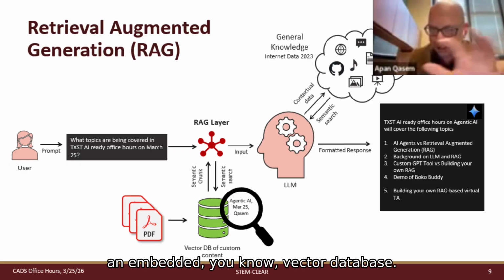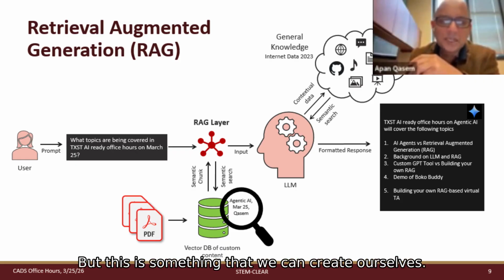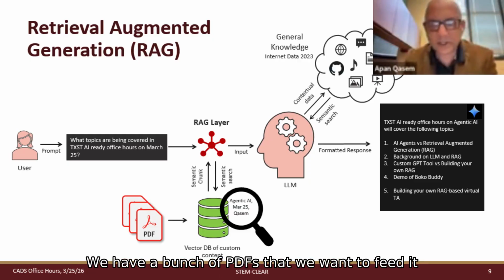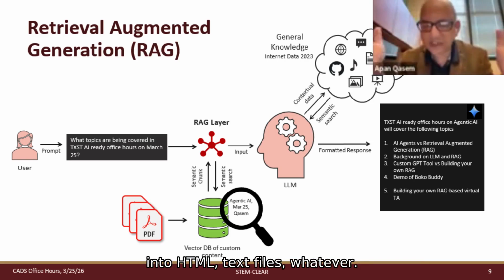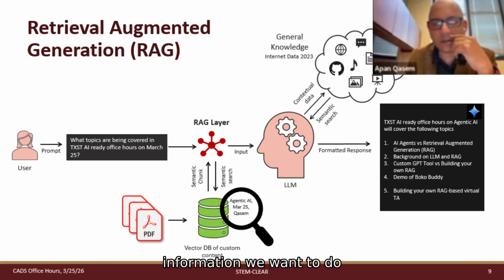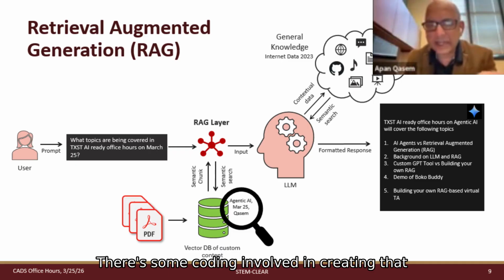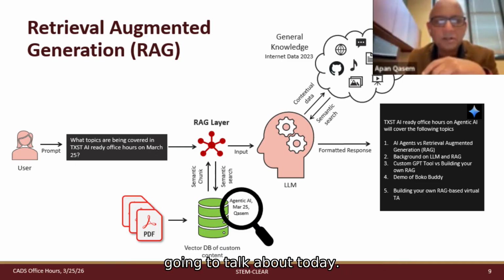It's still a vector database, so it just contains embeddings. But this is something that we can create ourselves. We have a bunch of PDFs, HTML, text files, whatever, that we want to feed in. We have tools that can take those PDFs or whatever information we want and create this vector database for the RAG layer to search. There's some coding involved in creating that, which is something that we're going to talk about today.